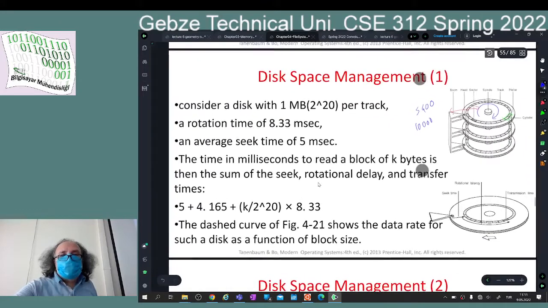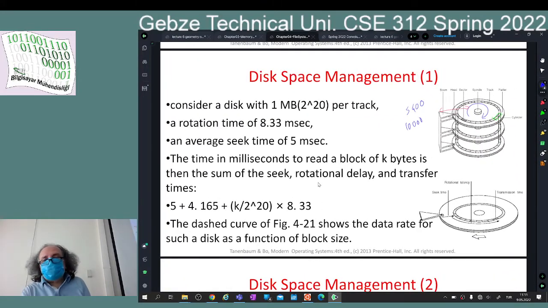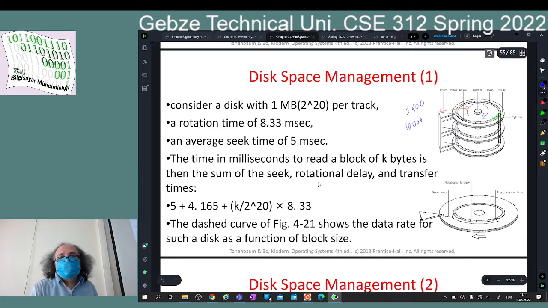There is a simple calculation here for the block size. Let's say I have a disk. On my disk, each track is 1 megabyte, so it is 2 to the power 20.